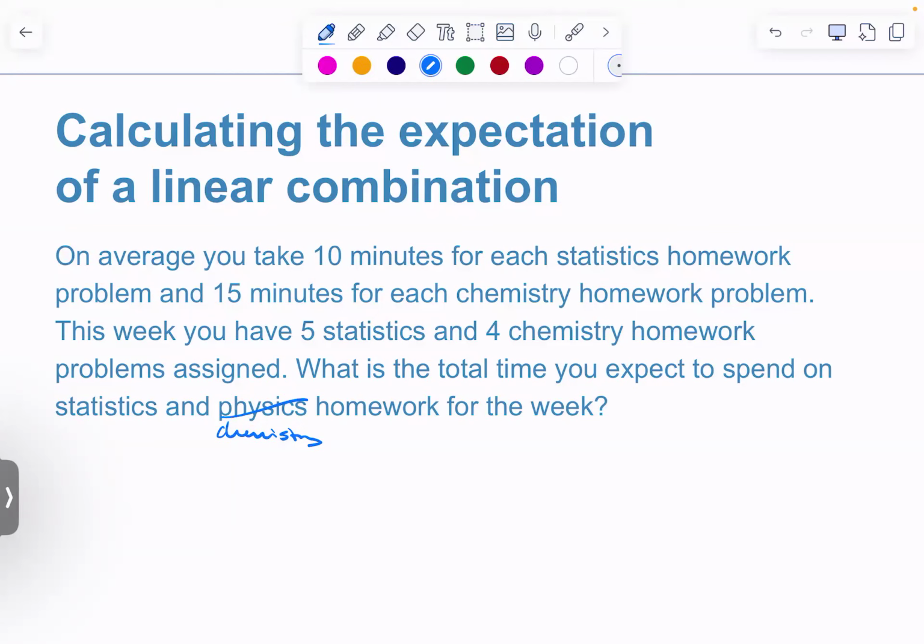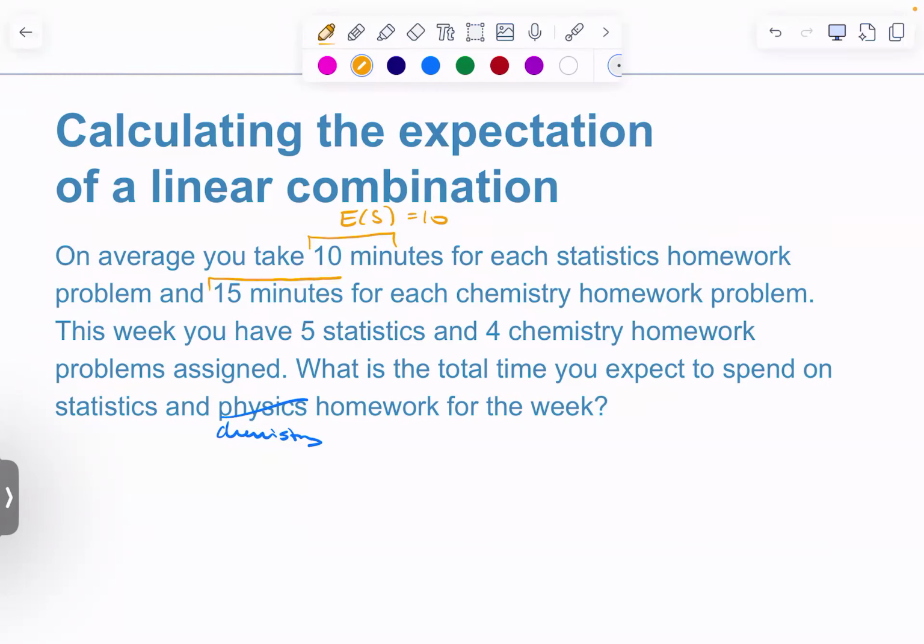So then we're given that the expected time for a statistics problem is 10 minutes. Right. That's the expected time. You understand that some are shorter, some are longer, right? But on average, you're expecting it to take about 10 minutes.